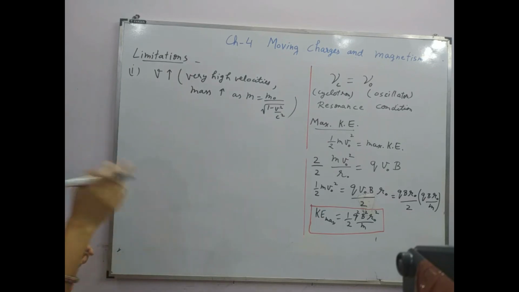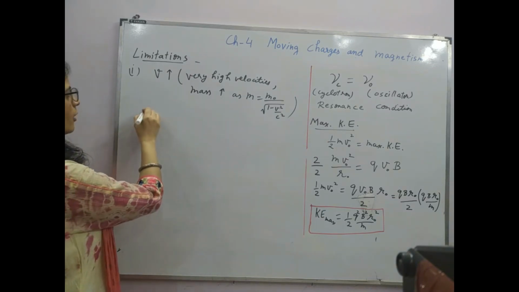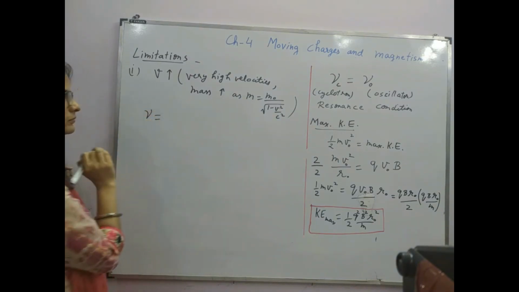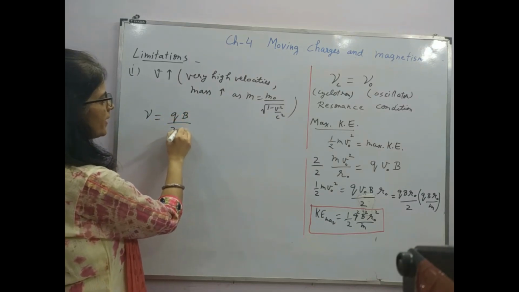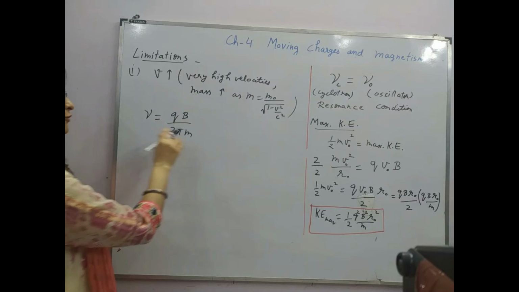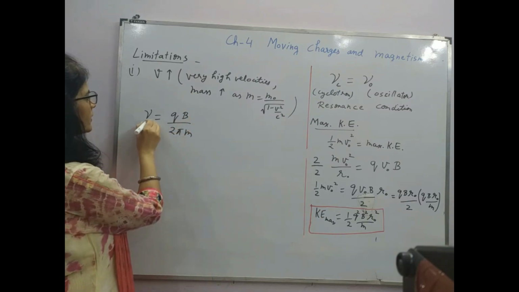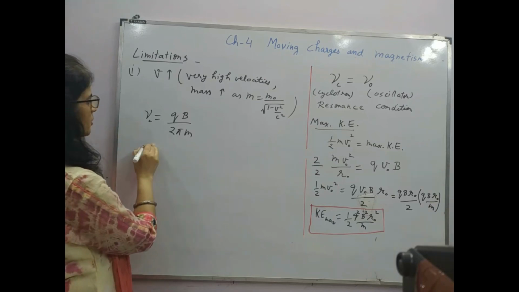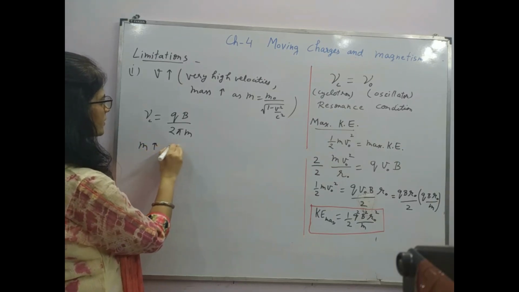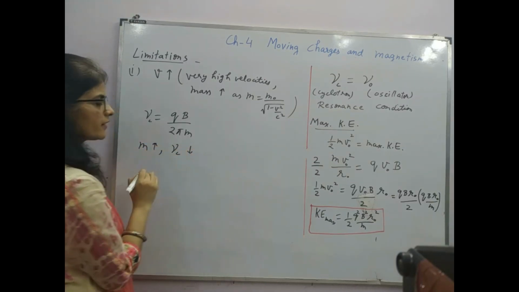So if mass increases, what is the formula for frequency? QB by 2 pi m. This is the frequency of the cyclotron, that means the charged particles. So if m increases, frequency will decrease.